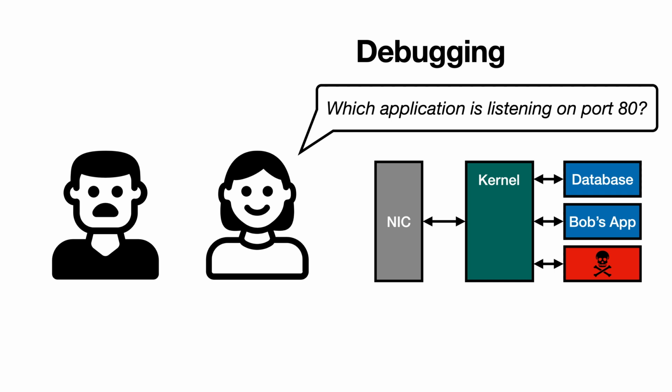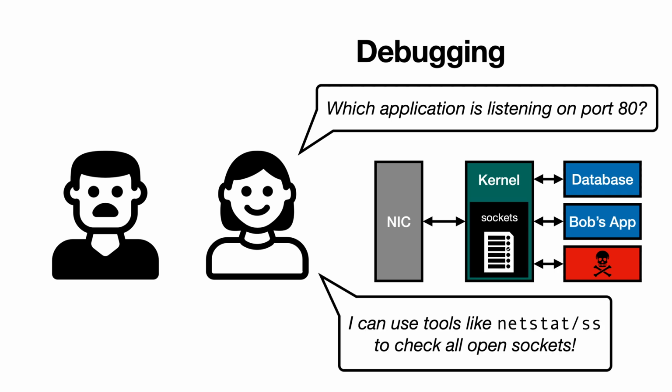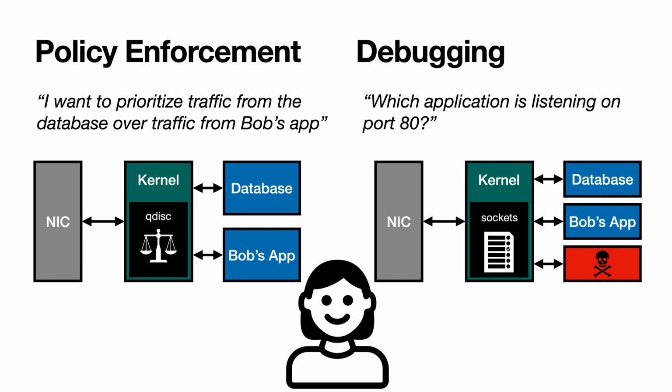She only needs to find which application is listening on port 80, and for that she can rely on the kernel's knowledge of all the open sockets in the system, and use tools like netstat or ss to find which process is listening on port 80. And these are only two examples of the many policies and debugging capabilities that were made possible by the kernel's ability to interpose on network traffic.